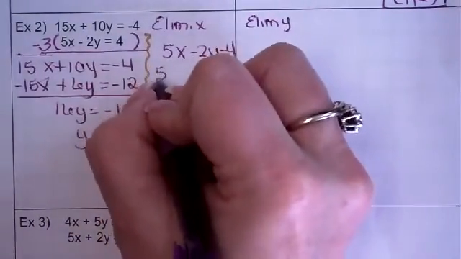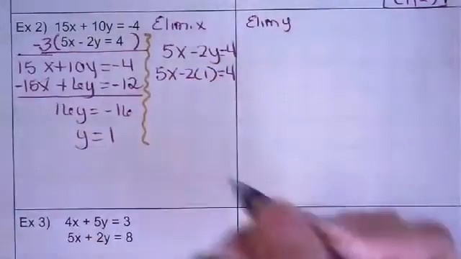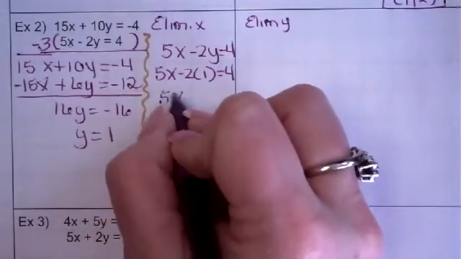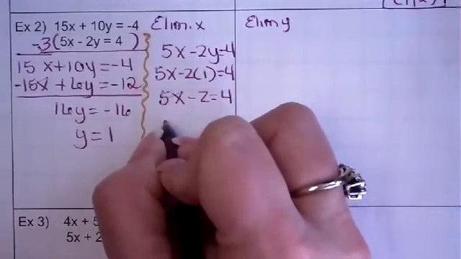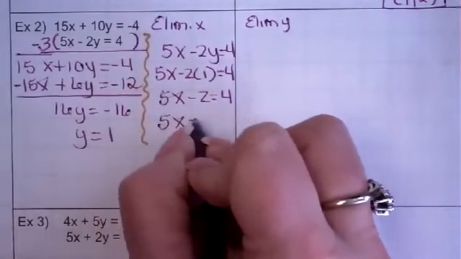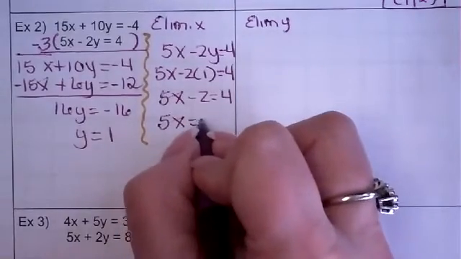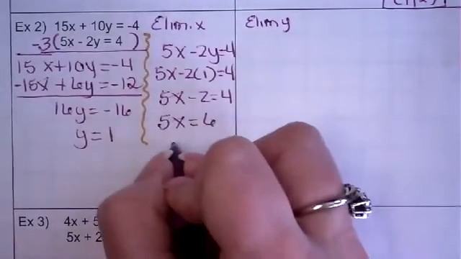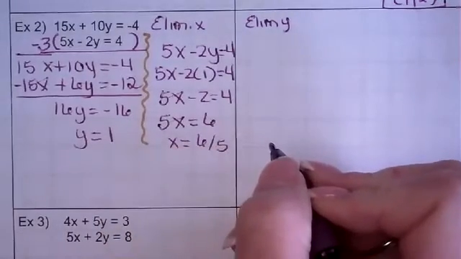So I'm going to have 5x minus 2 times 1 equal to 4. So that's 5x minus 2 equal to 4. And then that's going to give me 5x equal to 6. And that makes x equal to 6 over 5.